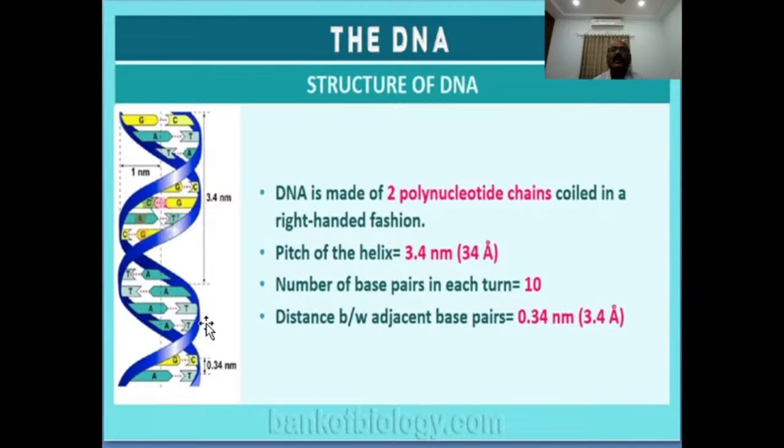So, DNA is made up of two polynucleotide chains coiled in a right-handed fashion. Pitch of the helix is 3.4 nanometers, equal to 34 angstroms. Number of base pairs in each turn is 10. Base pairs I am saying. Distance between adjacent base pairs is 0.34 nanometers, equal to 3.4 angstroms.